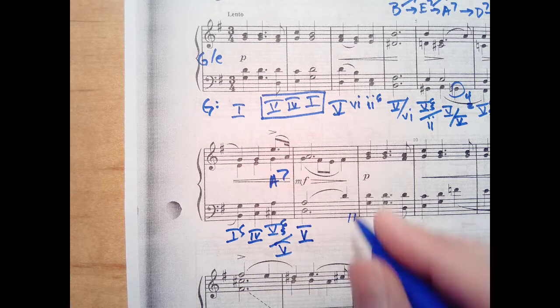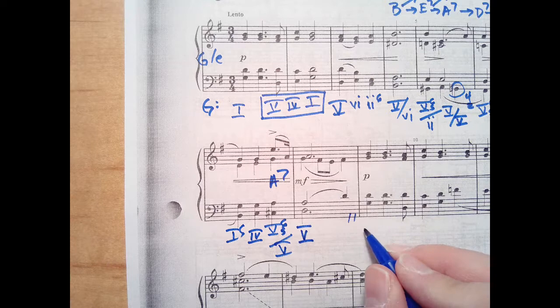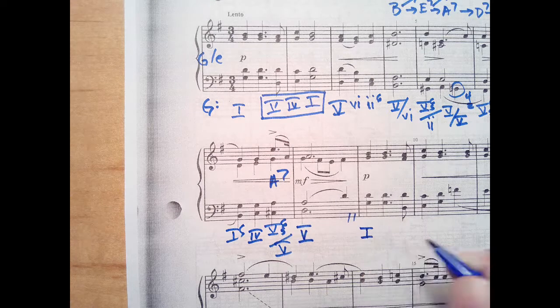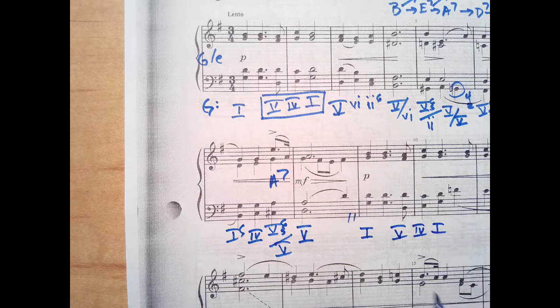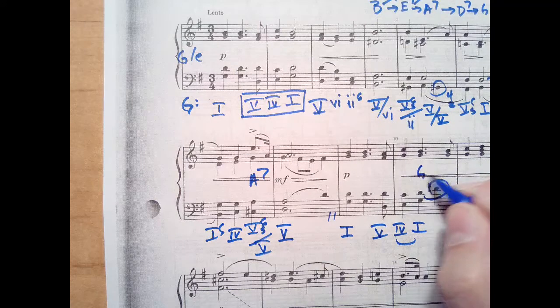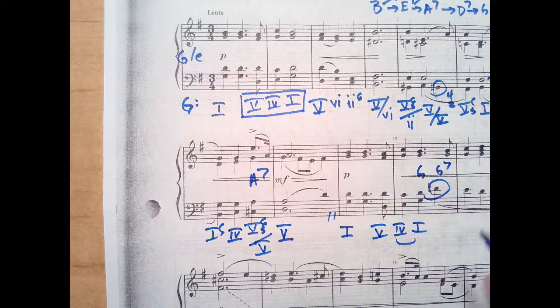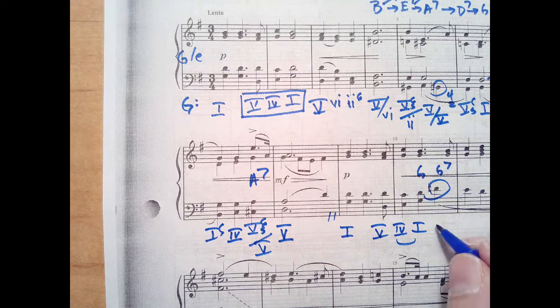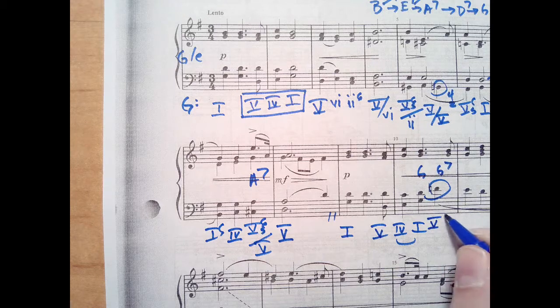This phrase is similar to the beginning, 1, 5, 4, 1 with our plagal motion. But now we add an F natural, changing this G major chord into G7. G7's chromatically altered, so this will be 5, 4, 2 of 4.